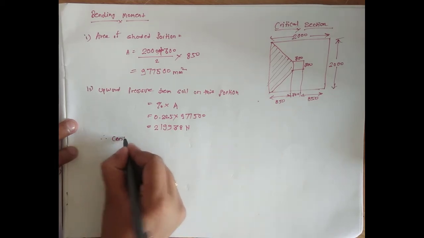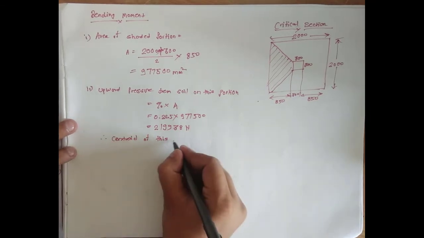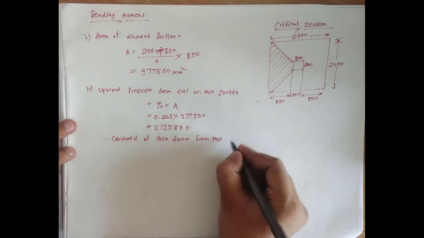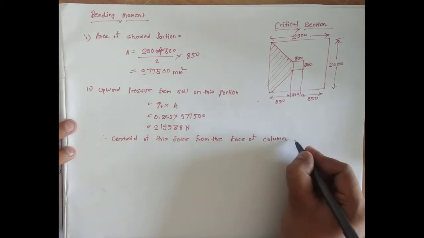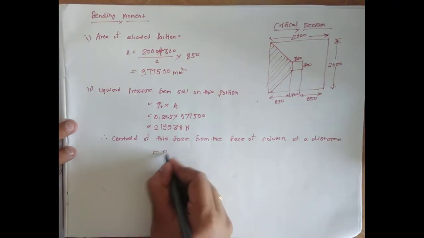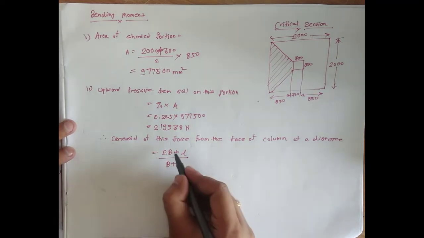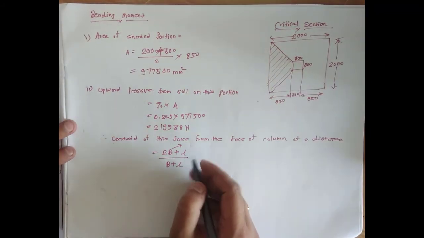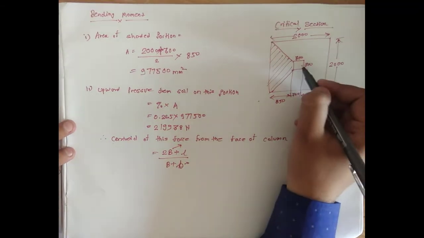Next will be the centroid of this force from the face of the column, at a distance given by (2B plus b) divided by (B plus b), into L by 3, where capital B stands for the entire width of the footing, and small b stands for the cross section of the column.